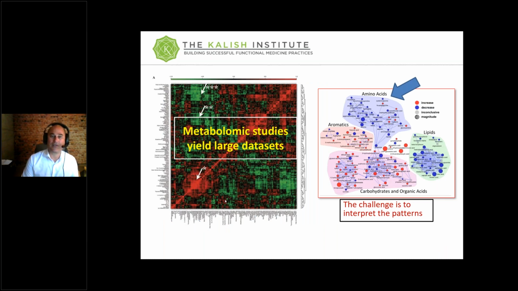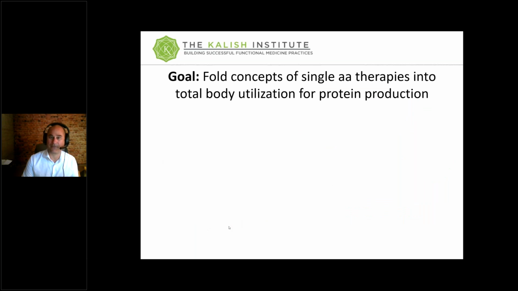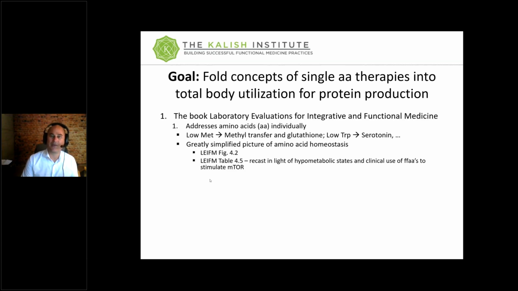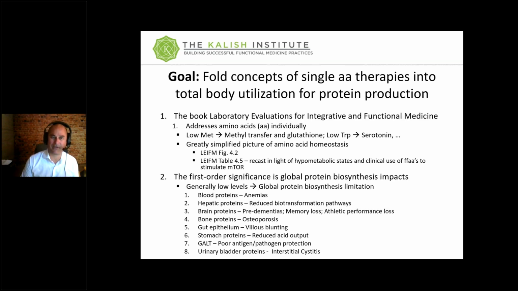So I want to take a peek at amino acids as a subset of all the different things that we're doing and start to think about the patterns of amino acids, and take up this bigger picture of not just individual amino acids doing individual things, but what amino acids do, period, right?